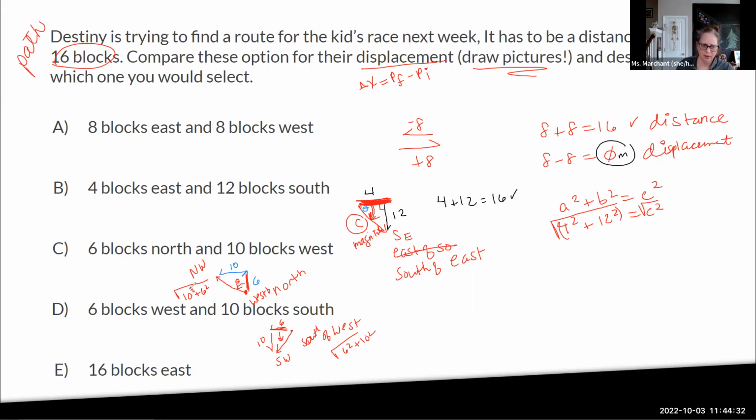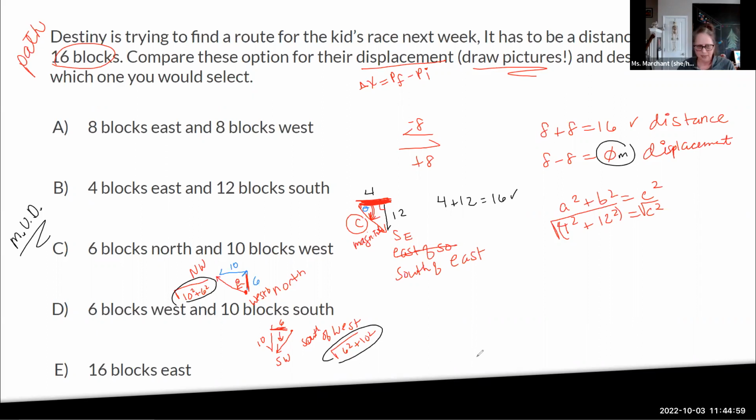What did I notice? This magnitude and that magnitude are going to be the same, but their directions are totally different. So these guys might have similar magnitudes, but they have different overall vectors because remember, vectors are magnitude, units, and direction. All three have to match for the vectors to be equivalent.